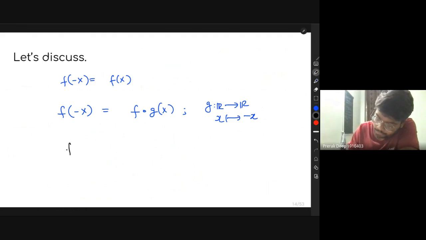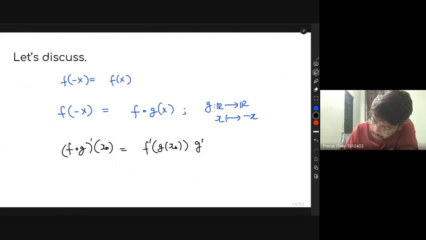Now if you differentiate this composition at any point x naught, we again apply the chain rule. What is g prime of x naught? We know it to be minus 1. And what is f prime of g of x naught?